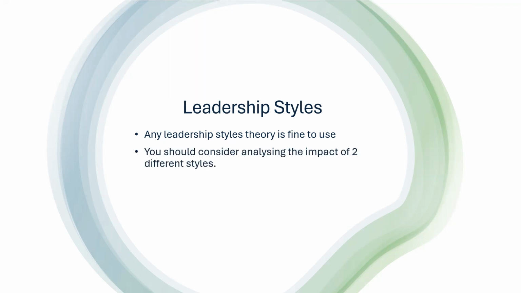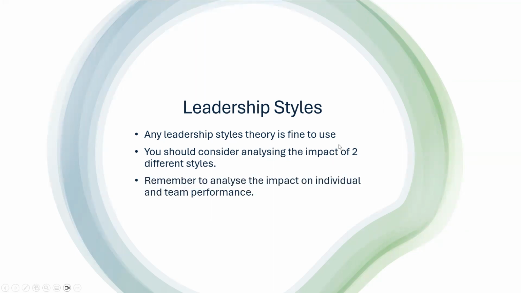For this assignment, consider analyzing the impact of 2 different leadership styles, potentially 2 competing or conflicting styles. And remember to analyze the impact of each one on both individual and team performance. It's just breaking this question down and approaching it in a logical and systematic way.